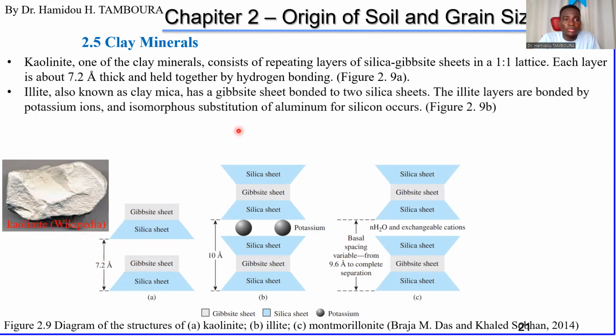And the second one, illite, also known as clay mica, has a gibbsite sheet bound to two silica sheets. So one gibbsite sheet and two silica sheets.